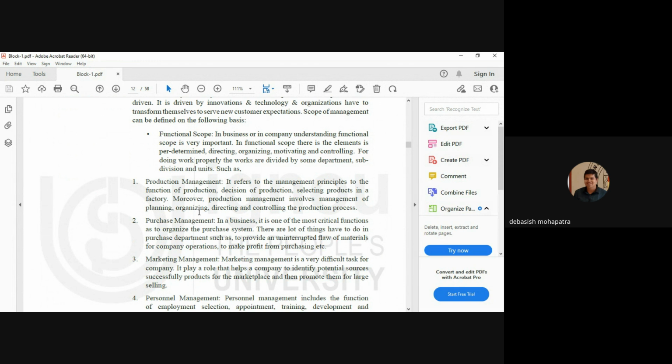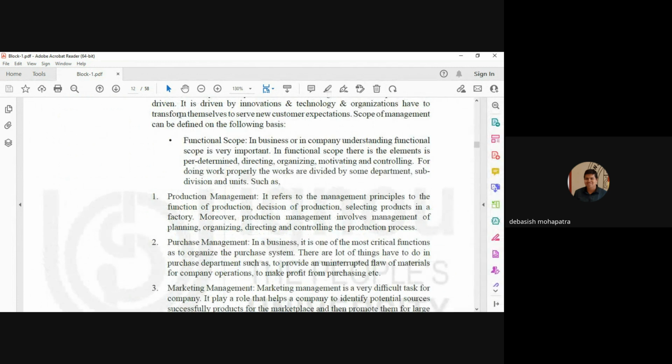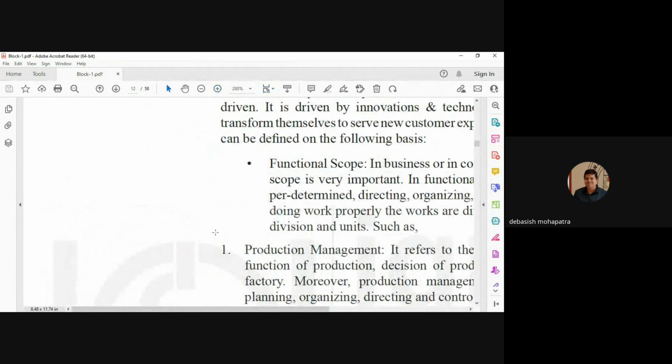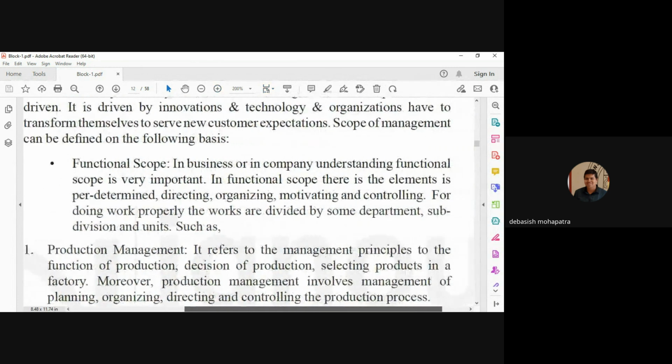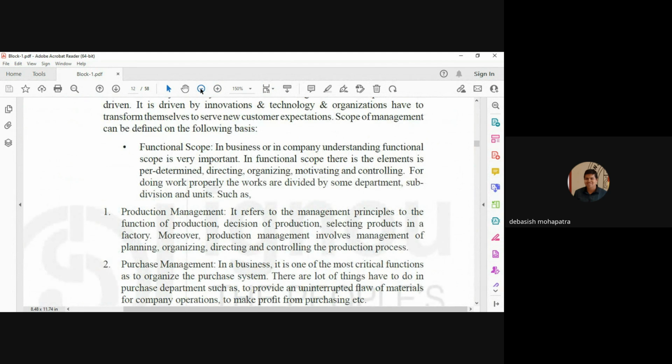There are a lot of things to be done in a purchase department, such as purchasing of raw materials.